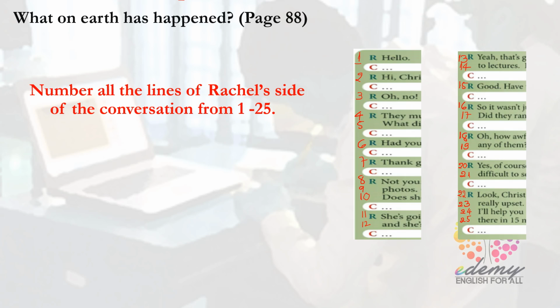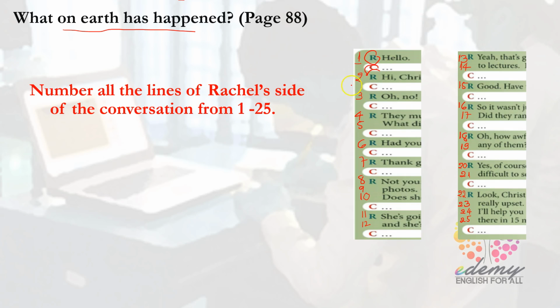Everyone, please turn to page 88. On page 88, the title is What on Earth Has Happened? On your left hand side, you see the conversation between Rachel and Christina.